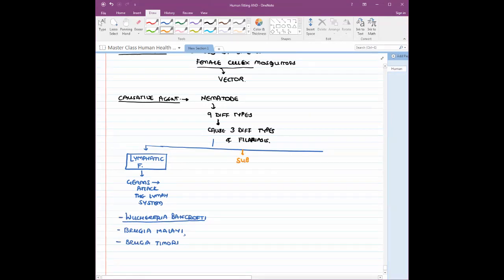Then, guys, the next one that we have is subcutaneous filariasis, meaning this is the one which is going to be under the skin. So this affects underlying layers of the skin.